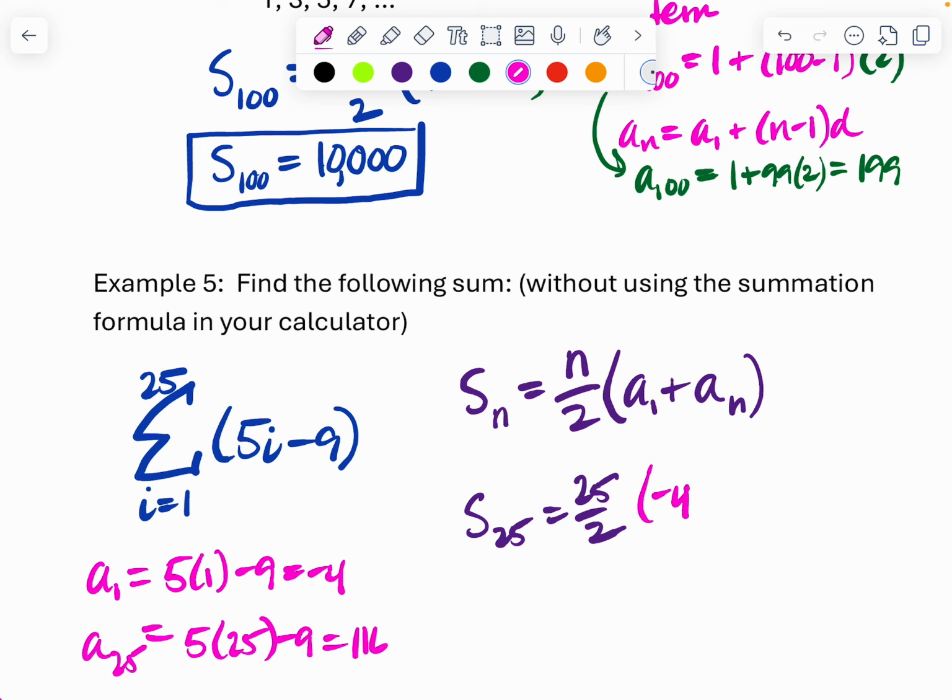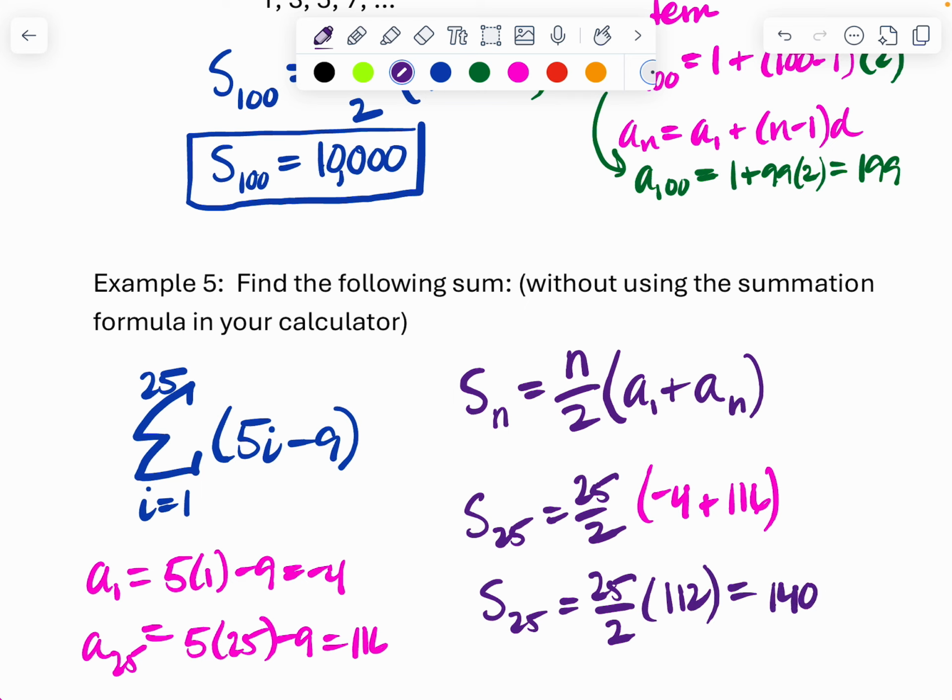So we're going to do negative 4 plus 116. And when we do the math of that, 116 minus 4 is 112, times 25 over 2, and we get 1400 for our answer.